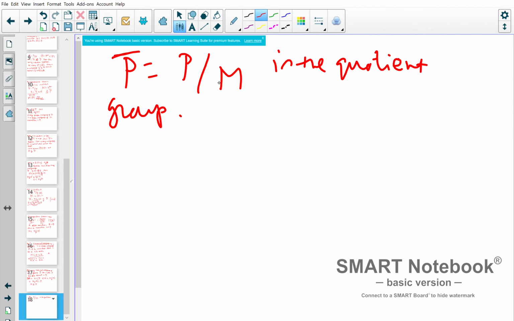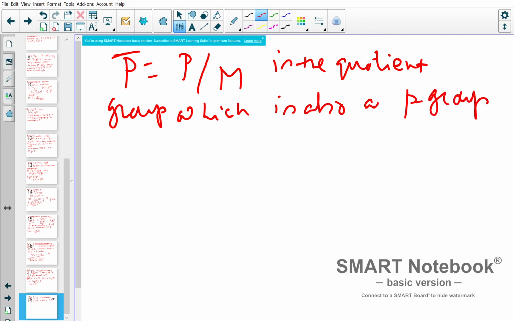The quotient group is also a P group, so it has order some P power, say P to the beta. My question is, can this beta be bigger than 1 or not?